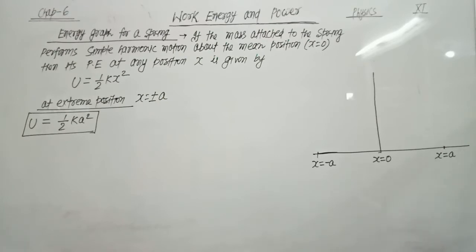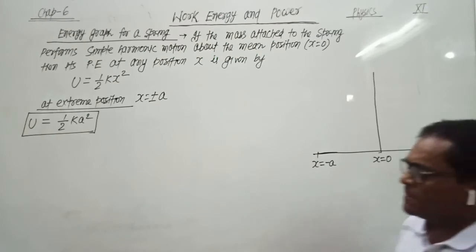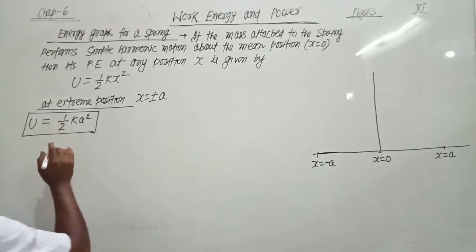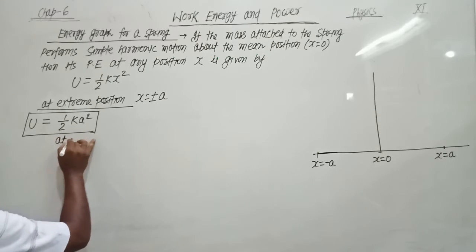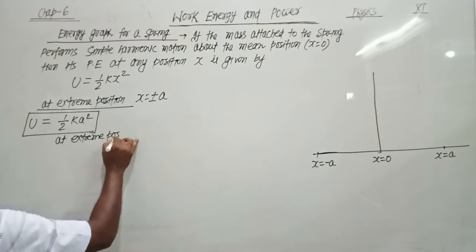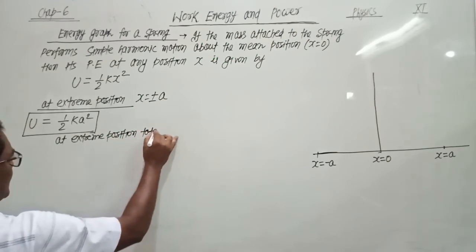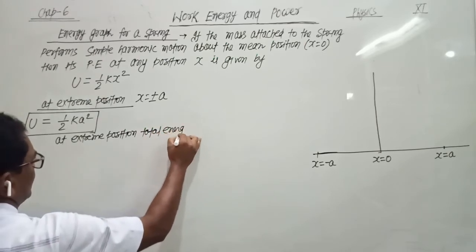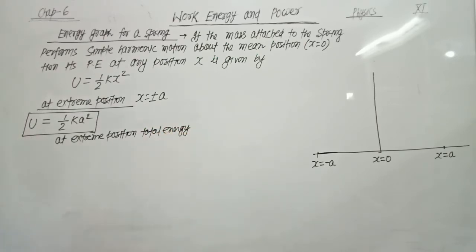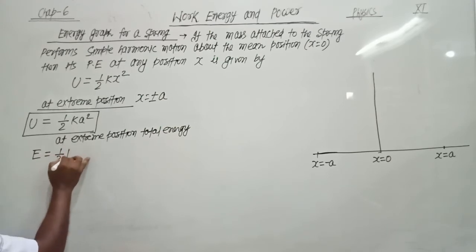So at the extreme position, the total energy E is equal to 1 by 2 ka square.